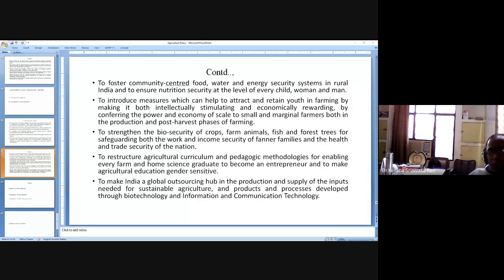This is what we can relate to the available technology, and how it can be used in the agriculture sector to achieve good results.